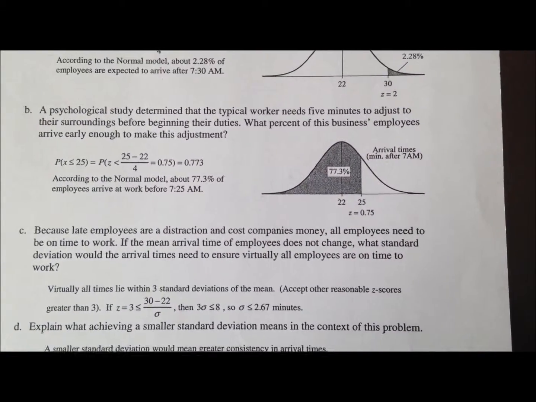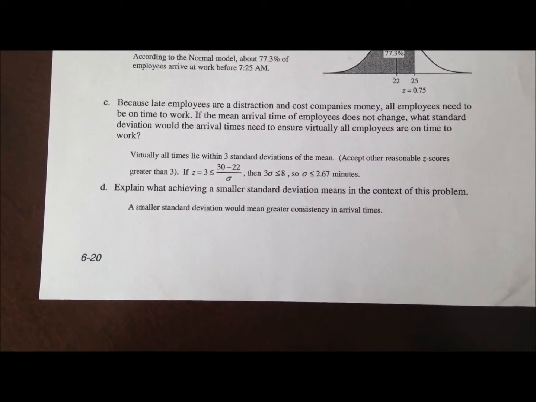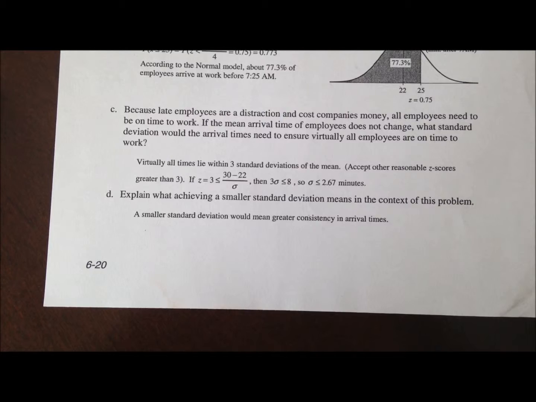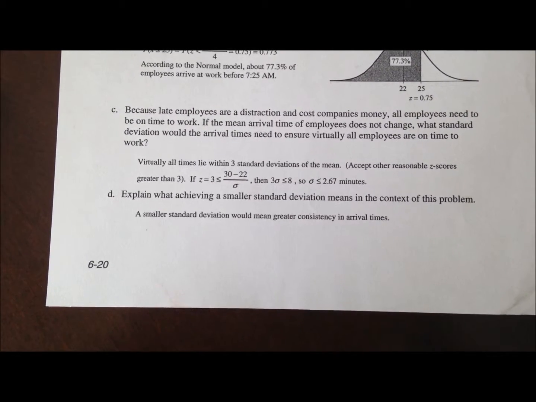So number C says that because late employees are a distraction and cost company money, all employees need to be on time to work. If the mean arrival time of employees does not change, what standard deviation would the arrival time need to be to ensure all employees are on time to work?